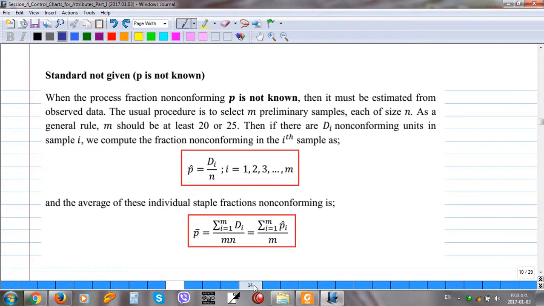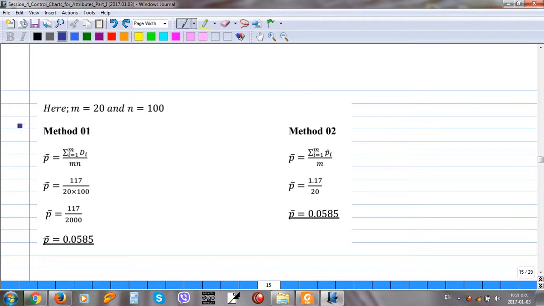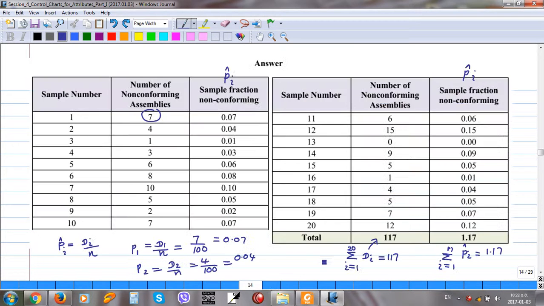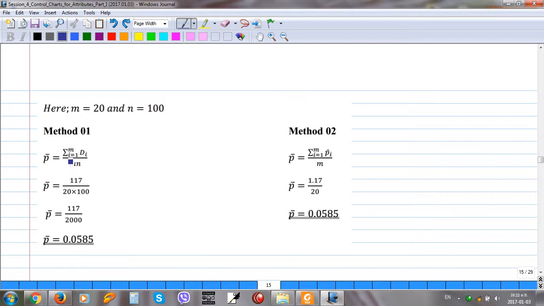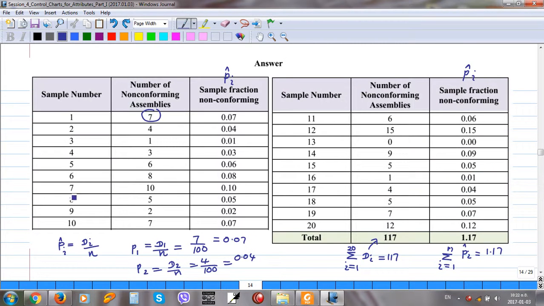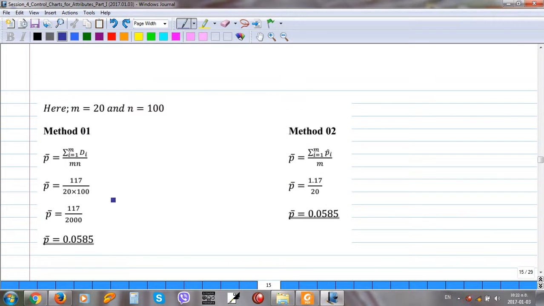I am mentioning two methods. Method 1: p bar equals the sum of d_i, i equals 1 to m, over mn. We found the sum of d_i to be 117, with m equals 20 sample numbers and n equals 100, so mn is 20 times 100, 2000.